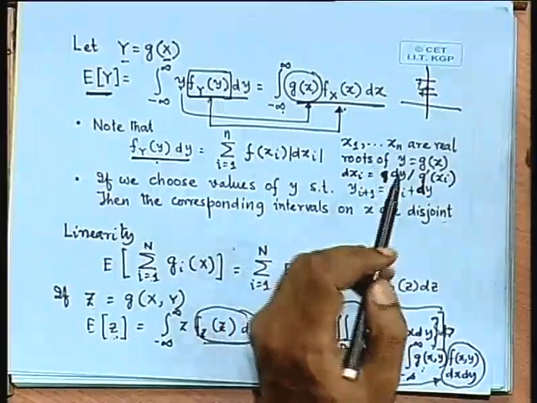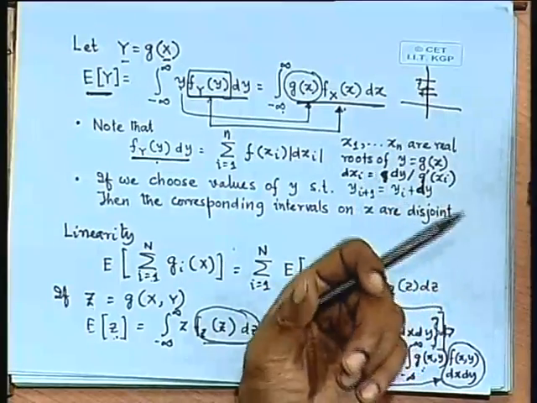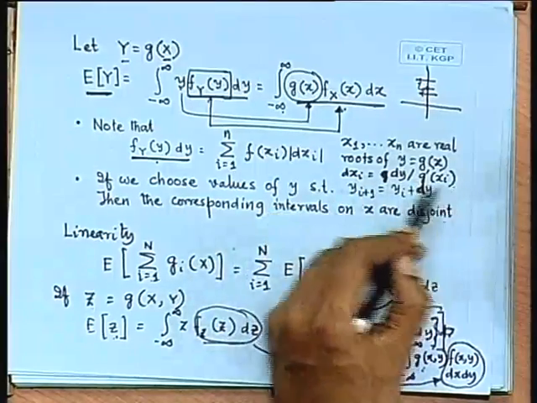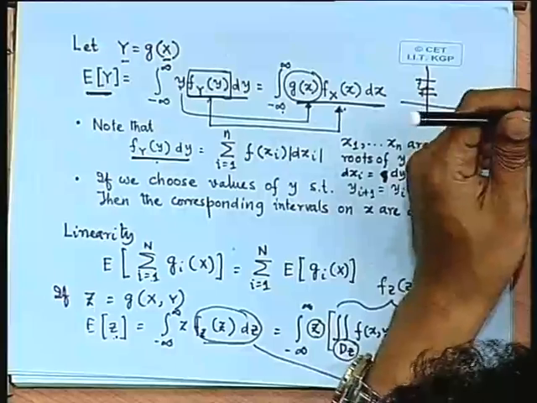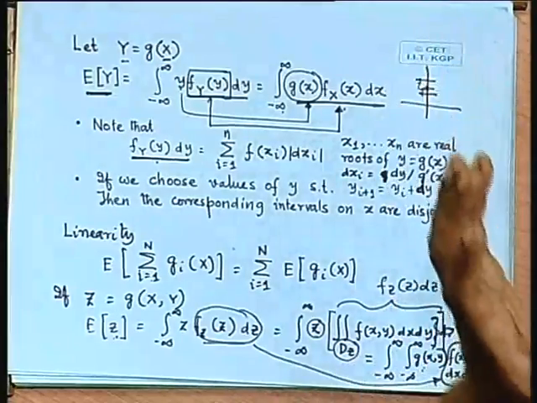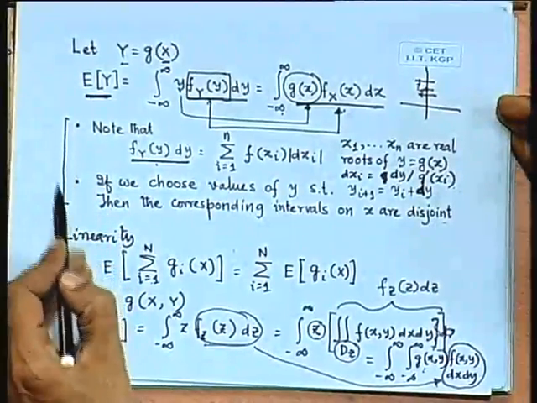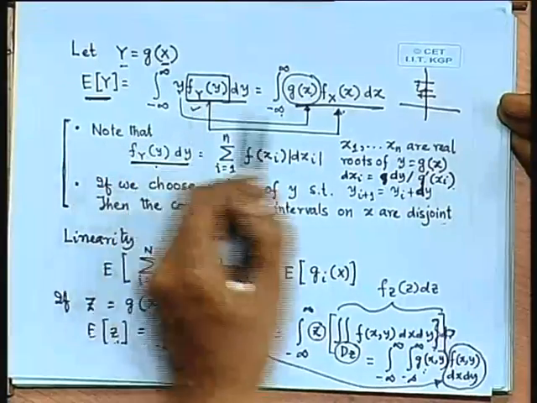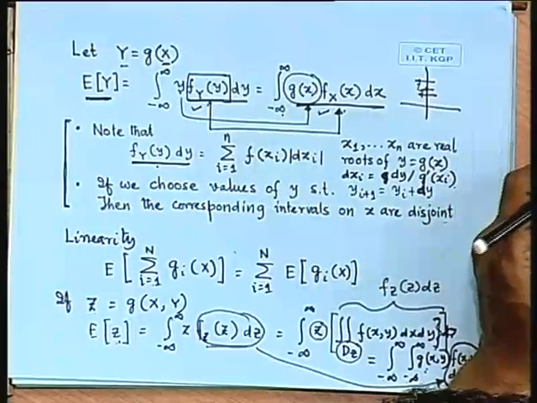That is, if y = g(x) has a root x_i, then you consider intervals around those x_i's of length dy divided by g'(x_i). But finally it turns out that taking the variation of all possible y's is equivalent to taking the variation of all possible x's. So, these are somewhat mathematical arguments which show that this integral and this integral are equivalent.